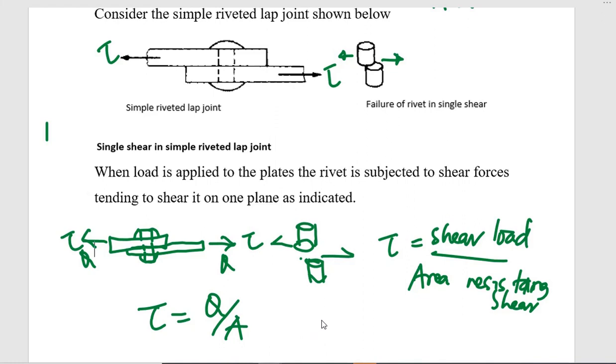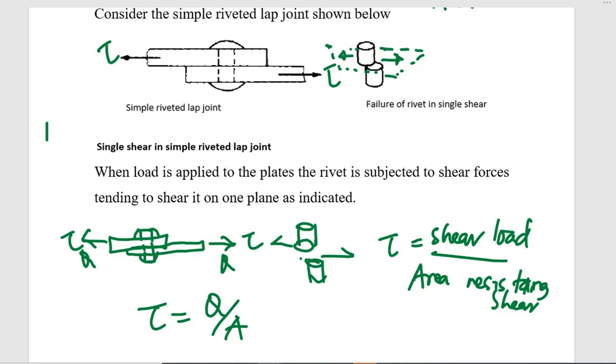That is because this single pin on a lap joint is going to shear in one plane. If I drew a plane around here, it is just in a single plane.